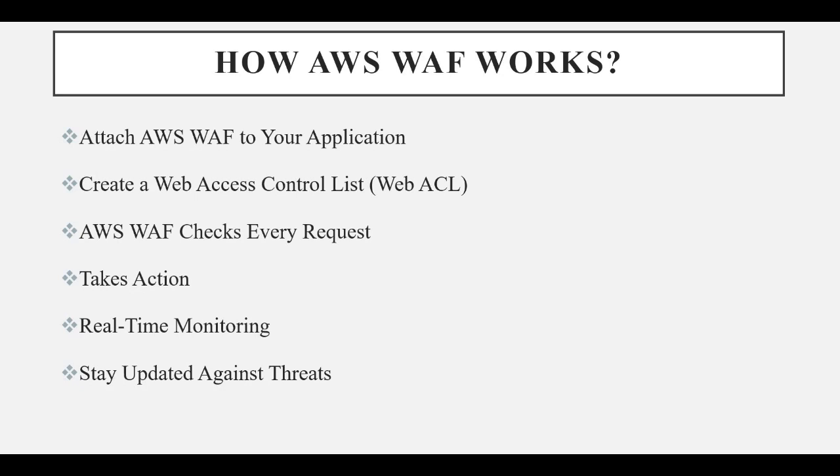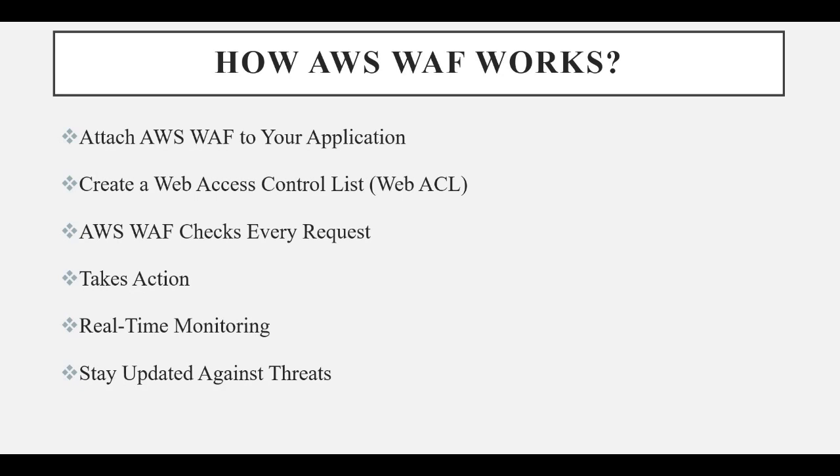This action also chooses the requests, like in the web access control list. It can choose the following: it allows the request to go to the protected resource for processing and responding, like we said in the third step, that WAF checks every request.